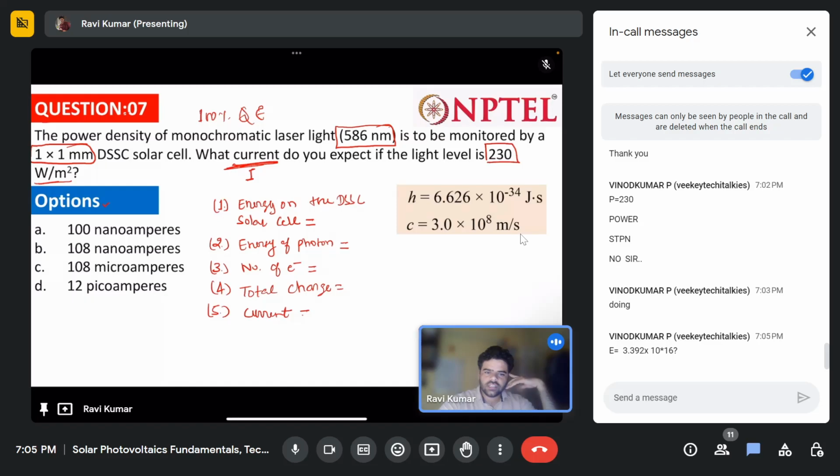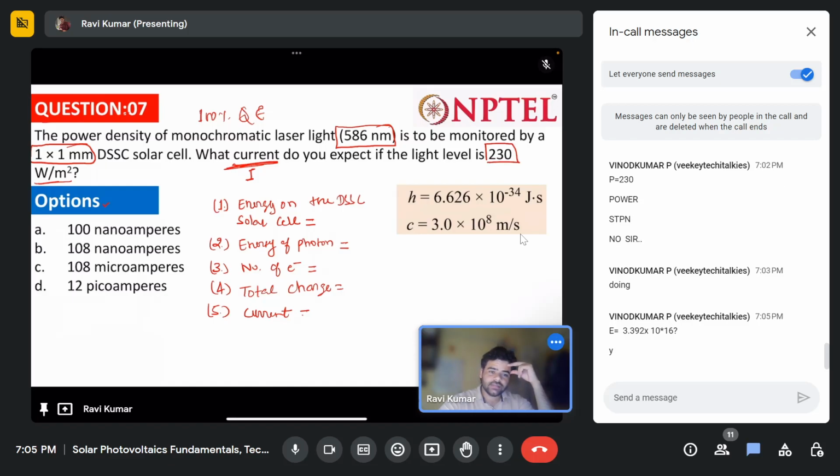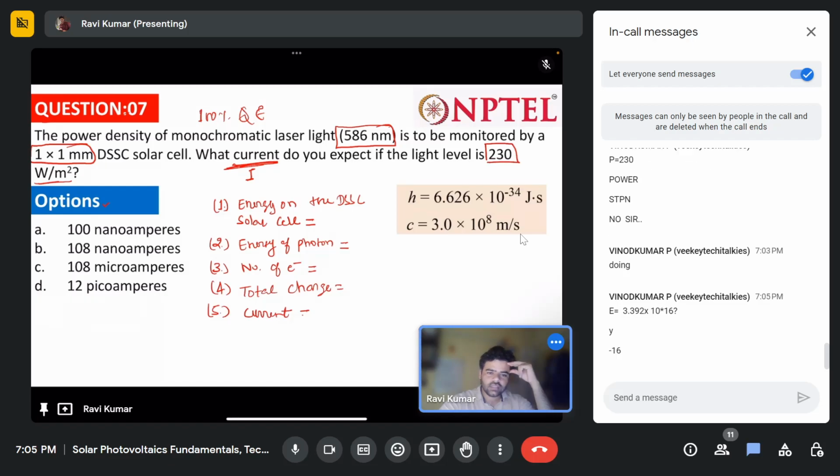Energy of photon, step 2, right? Step 2, 10 raised to power 16, wrong. Or it is minus 16.